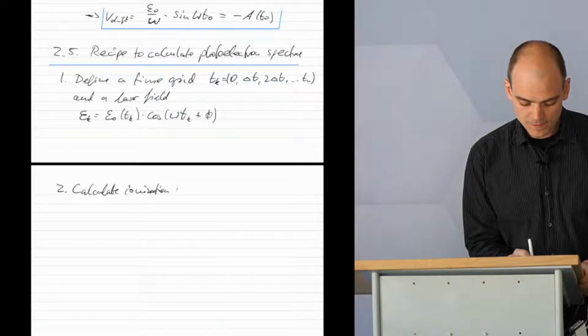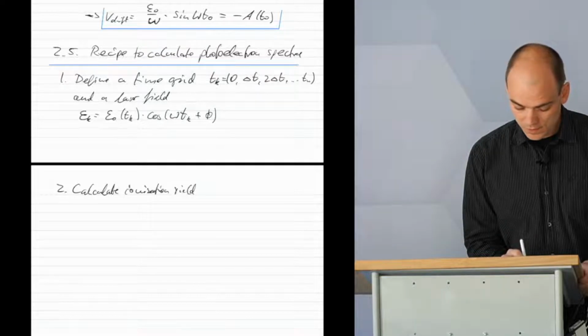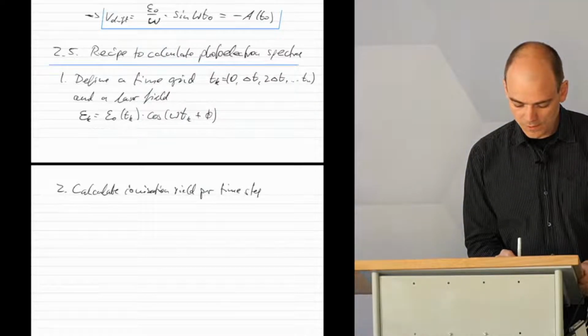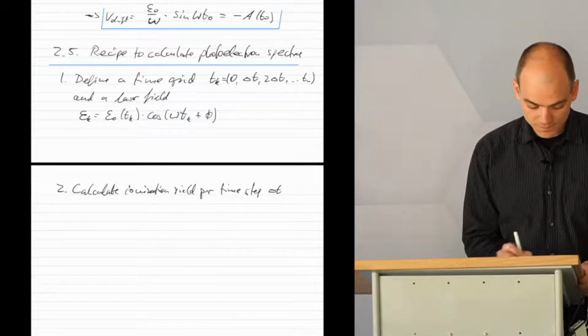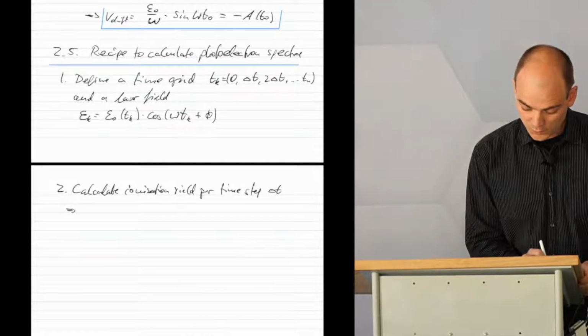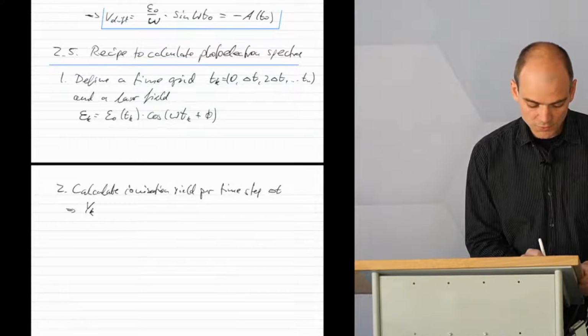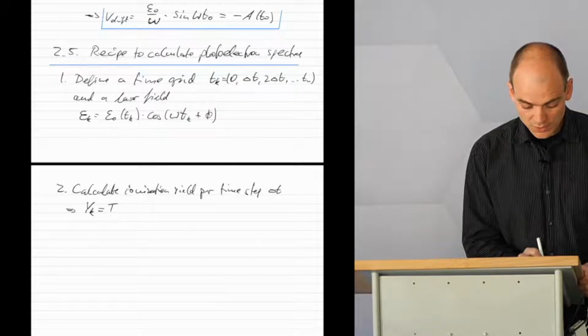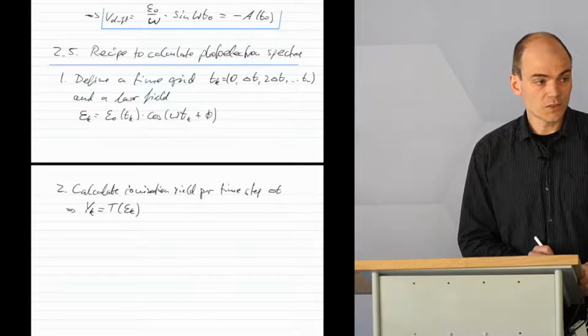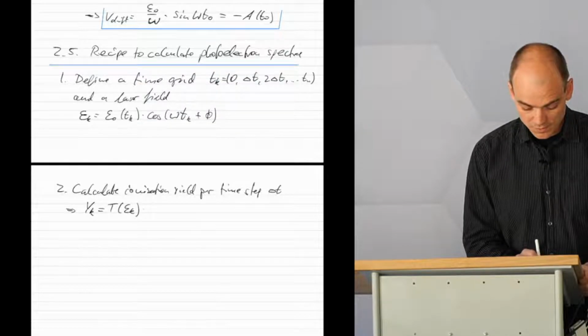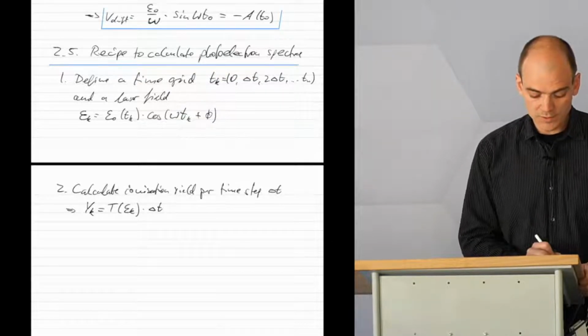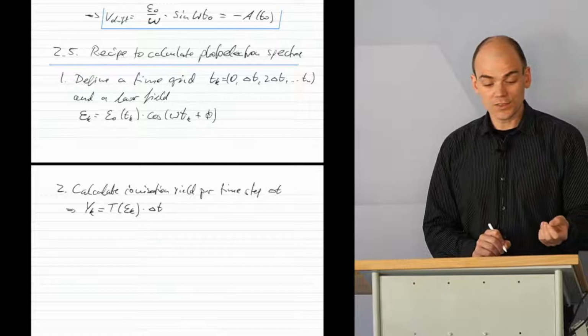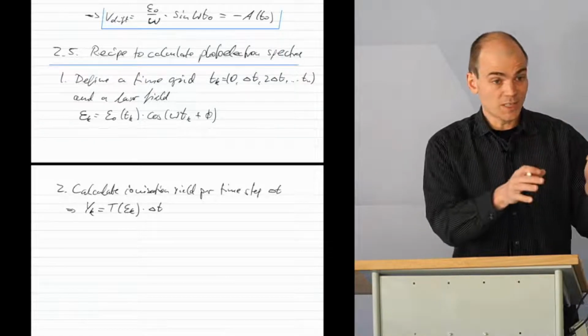Ionization yield per time step delta t. And this ionization yield would be the tunnel rate, dependent on the electric field. And then the yield is essentially the rate times time.